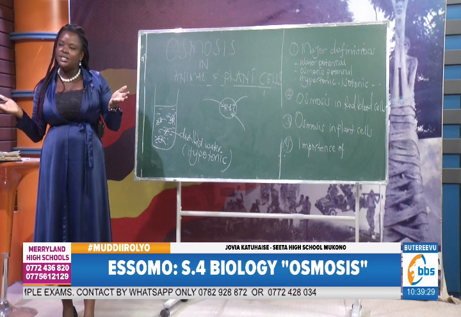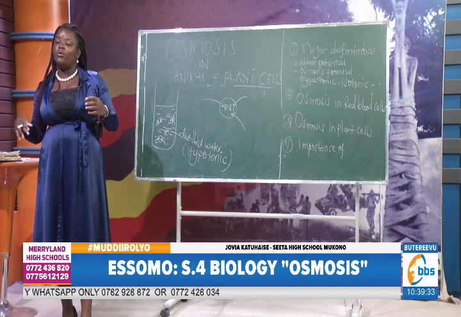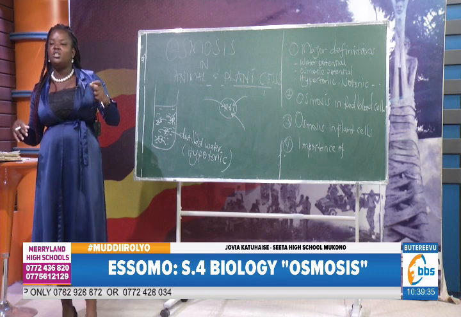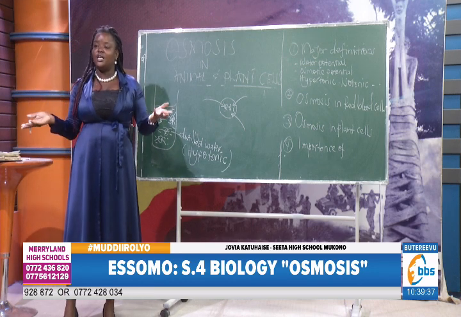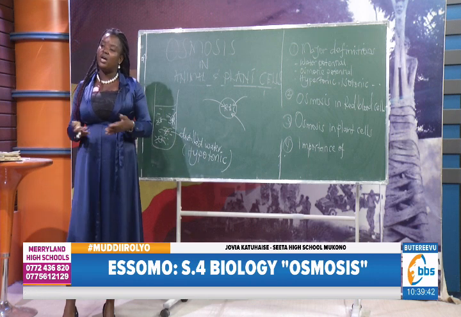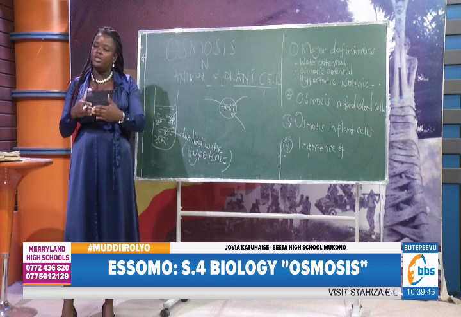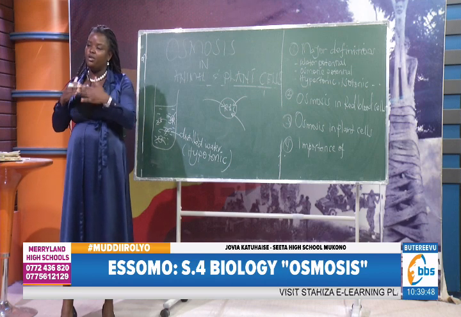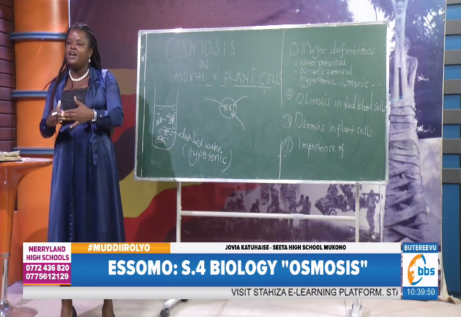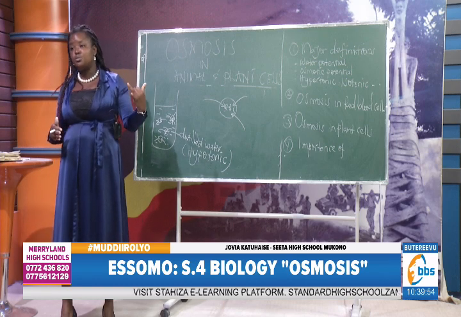When it bursts, it means that the surface surrounding the balloon is weak, that it reached its limit, that it cannot extend anymore, so it will burst. The same applies to your red blood cells. When they are placed in a dilute water environment, or an environment that has more water than them, water will enter into your red blood cells by osmosis.